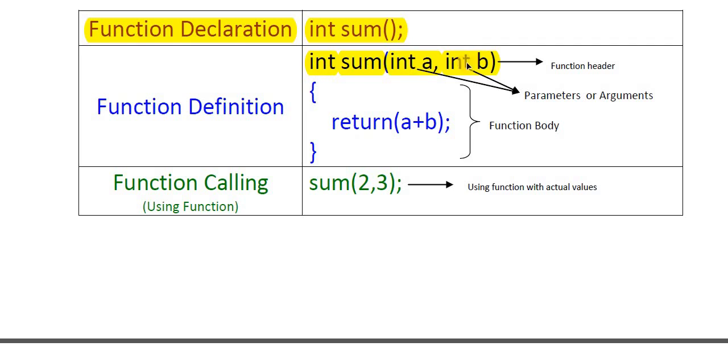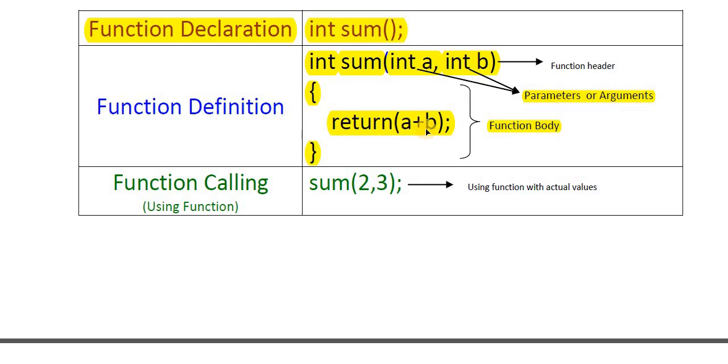After writing this line, data type, function name and parameter list, next we have to create the body of a function. The body of a function is enclosed in opening flower bracket and closing flower bracket.